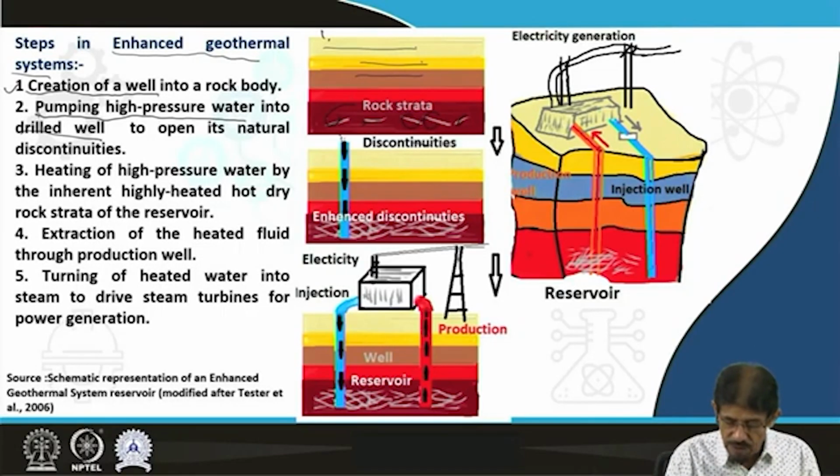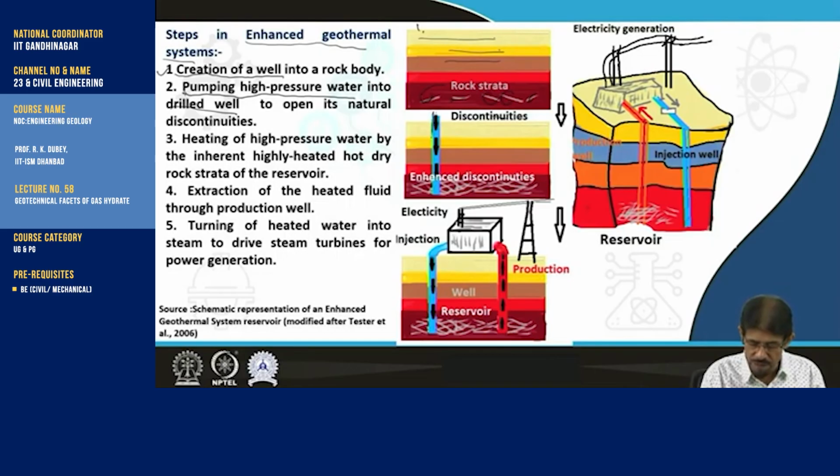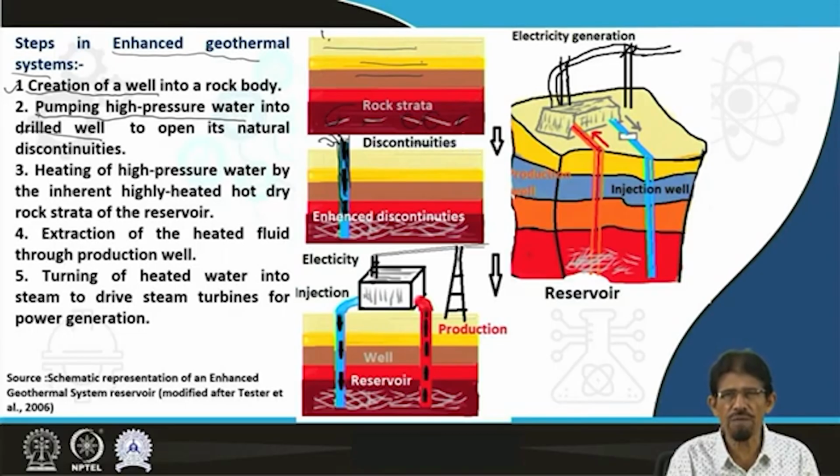Initially we select the location, and then after selection of a suitable location, we drill the hole to inject the water in the reservoir, which is the source for extraction of geothermal energy.